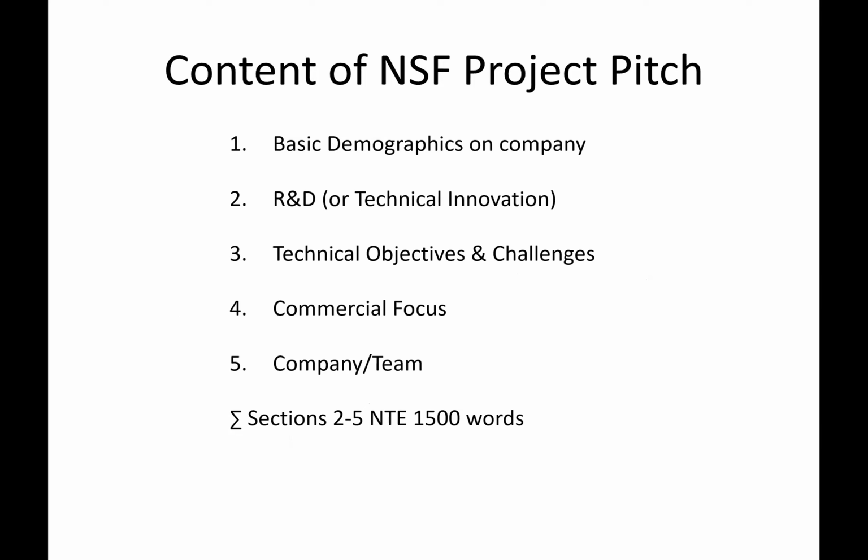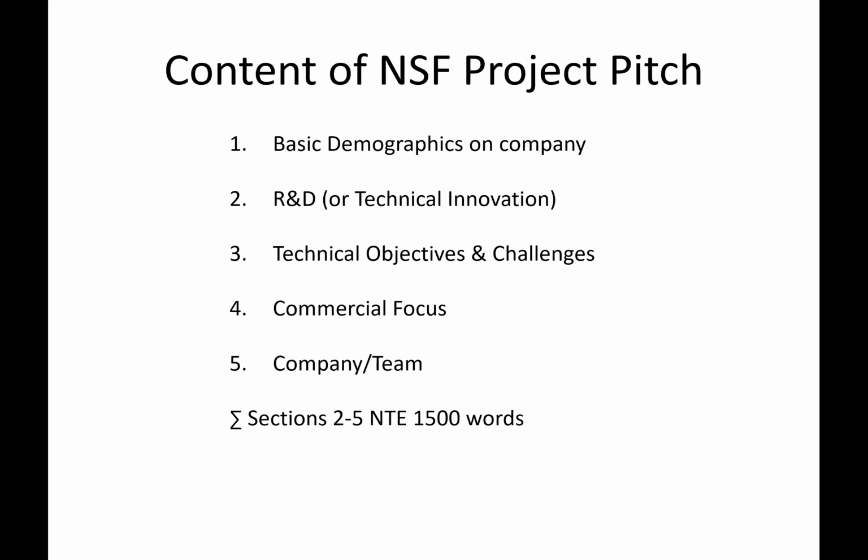So what goes into the pitch? Basically, there are 5 sections to the pitch. The first is just your basic demographics: name, address, phone number, so on. Then the R&D or technical innovation section, followed by technical objectives and challenges referring to the phase 1 project.